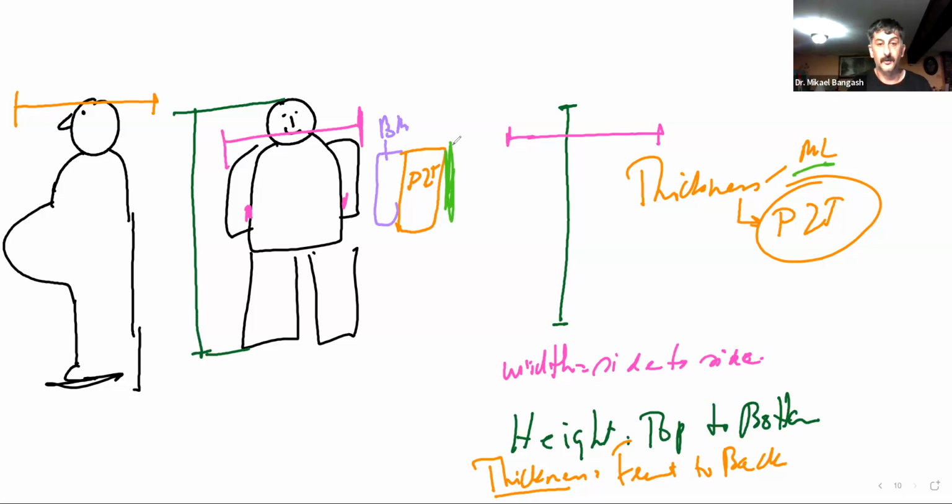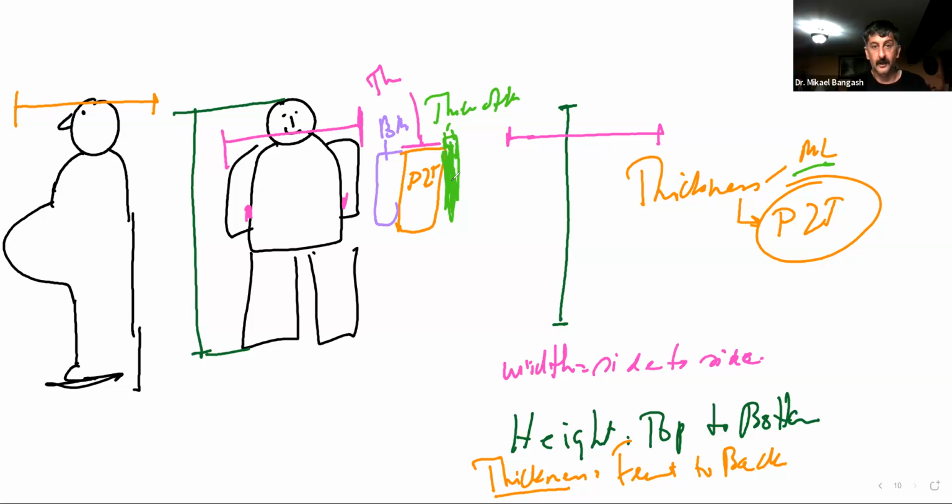So this dimension here, that's going to be the thickness of the matching layer, whereas this dimension here, that's going to be the thickness of the PCT.